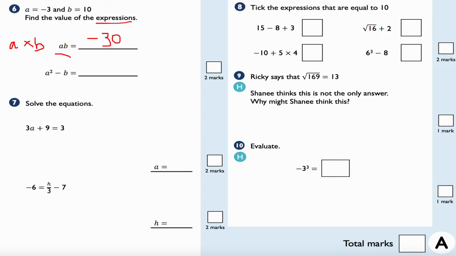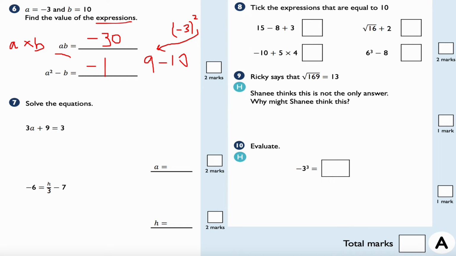A squared subtract B. Well, -3 squared is equal to +9. Take away 10 is -1. So it's 9 take away 10. And the 9 comes from the -3 squared. -3 to the power of 2 just means -3 times -3.